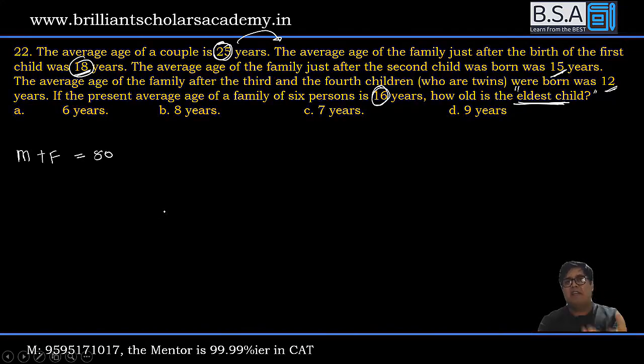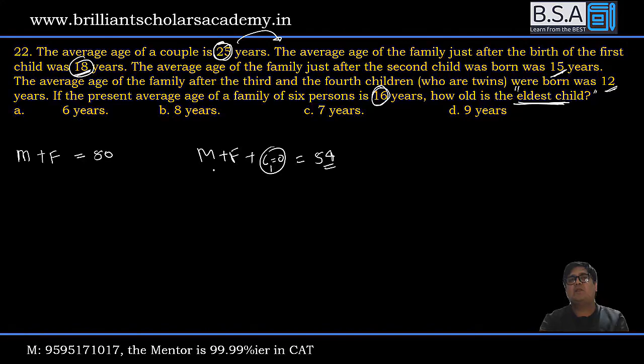The average is 18. देखो, mother, father, child का जो age रहेगा वो 0 रहेगा ना. When the first child is just now born, उसका age 0 रहेगा. तो जो 18 into 3, 54 you will get. That is the new age of mother and father.